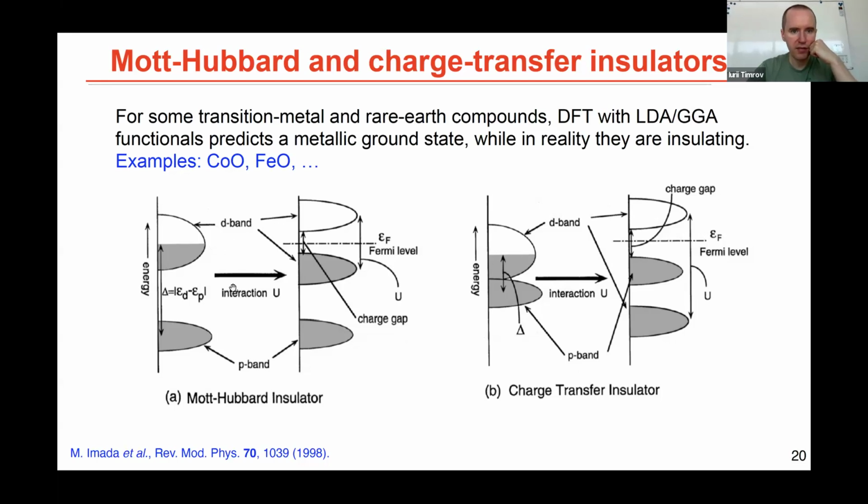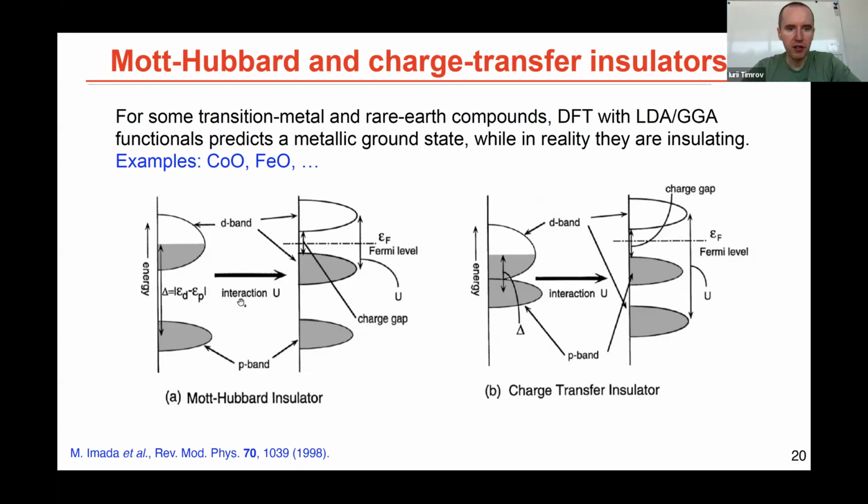Here we have on the left an energetic picture. In a Mott-Hubbard insulator, on the left, you have the D band, which is metallic. If it's gray, it means it's occupied. If it's white, it means it's empty. So the D band is partially occupied, so it's metallic. And below there is a P band of oxygen, which is fully occupied.